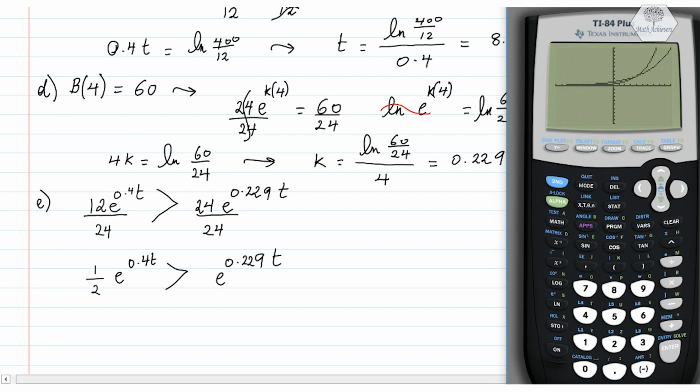But the intersection would be in the positive values because I need t to be positive, so I need to fix the window. I plug the x minimum as 0, enter, go down to the y minimum and make it 0 as well. Graph. I'm having a better view now.